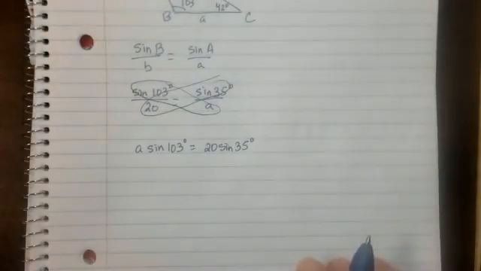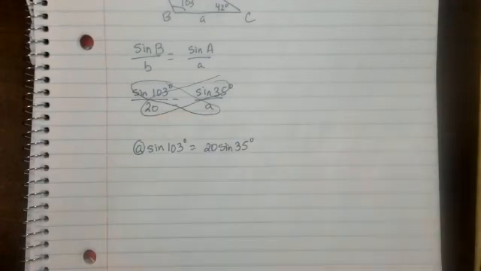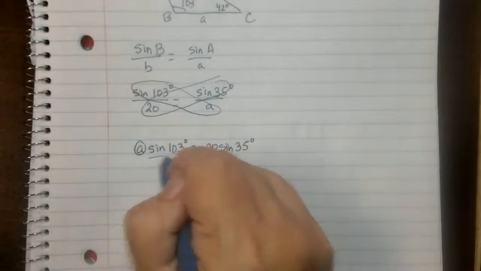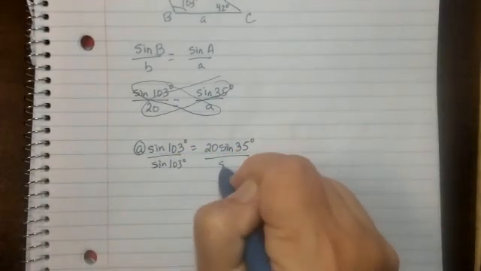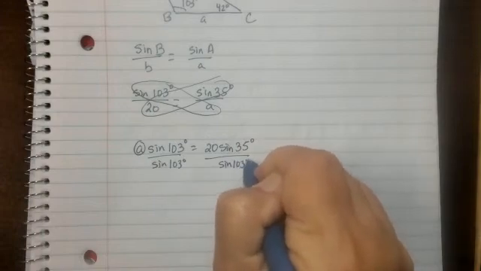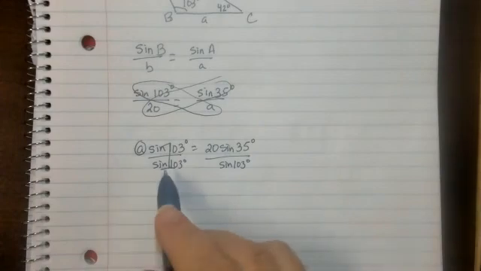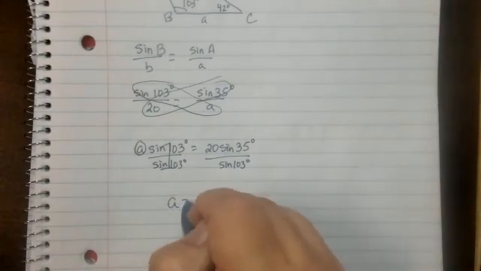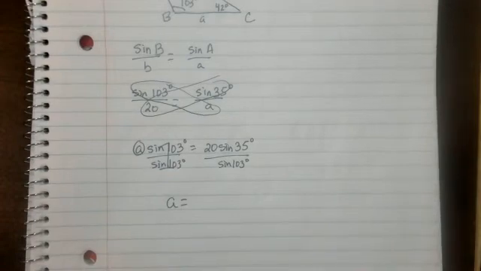Now, remember your goal. Your goal is to solve for A. You're trying to get A by itself. So you're going to divide both sides by the sine of 103 degrees. Anything divided by itself is 1. So you have A times 1, which is just A. Once that letter A is by itself, that's when you're ready to type into your calculator.